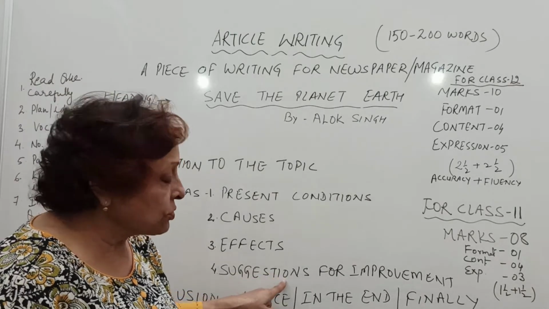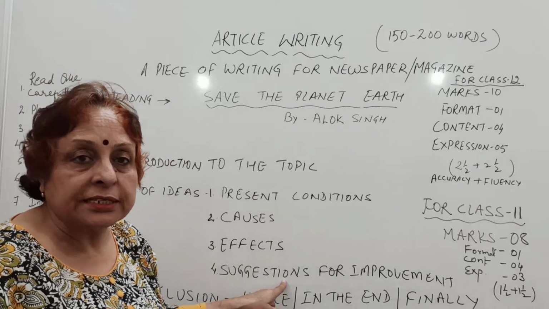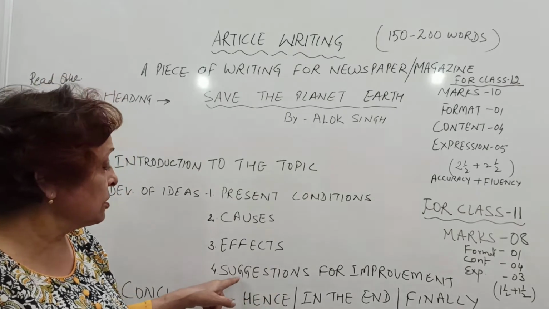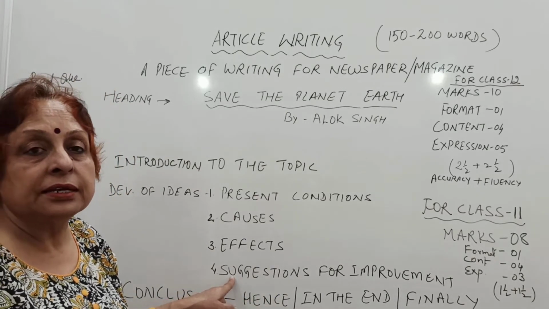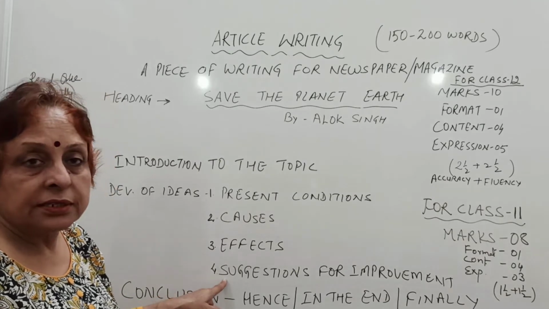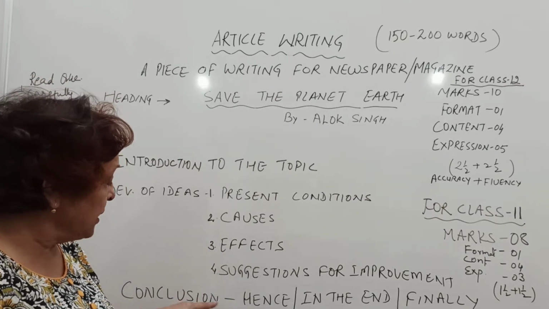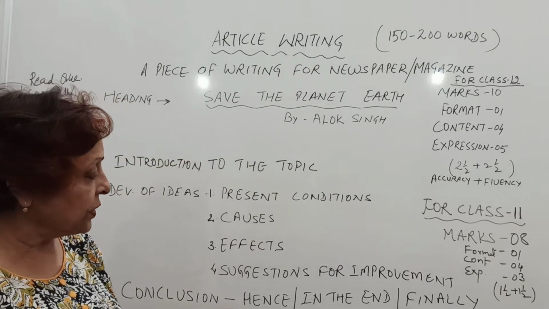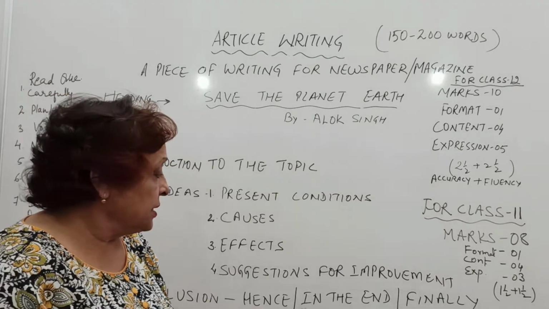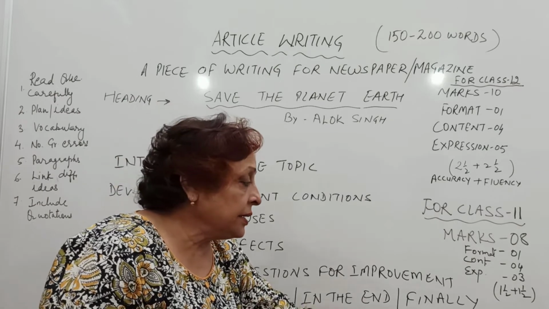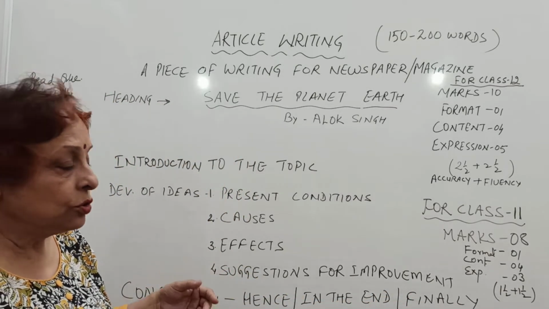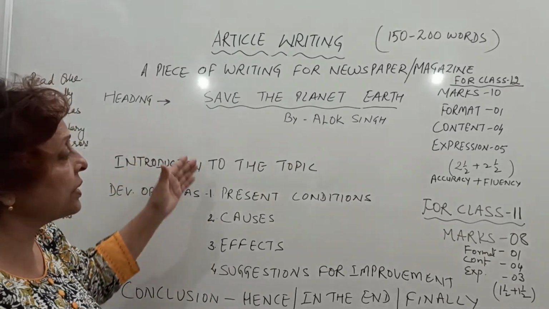Then we can also talk about pollution levels to be checked, pollution caused by traffic, pollution caused by industries and factories. And finally, we will conclude, and the conclusion should start with words like hence, in the end, finally. So this will indicate clearly that now the article is going to conclude. So this is how we can write an article.